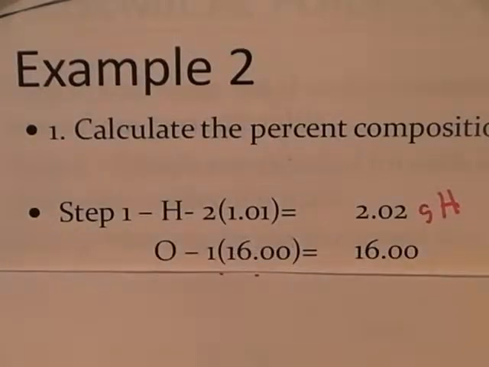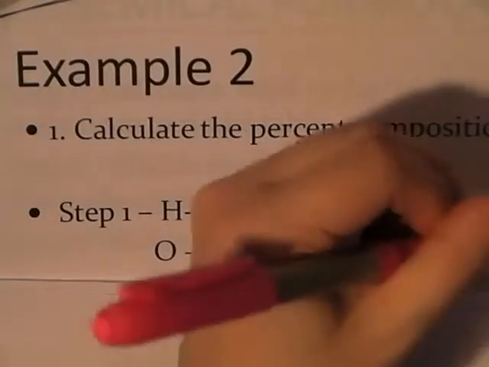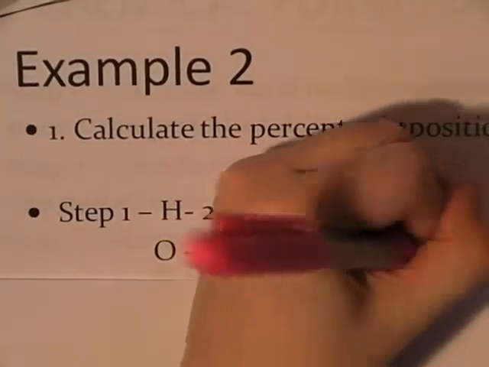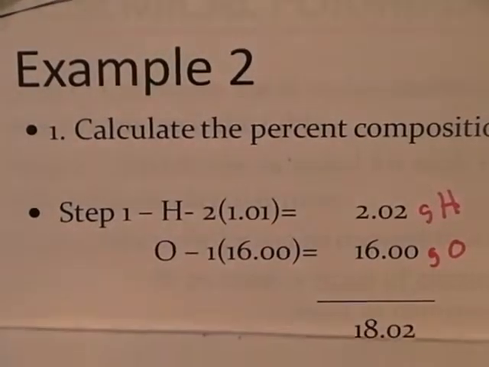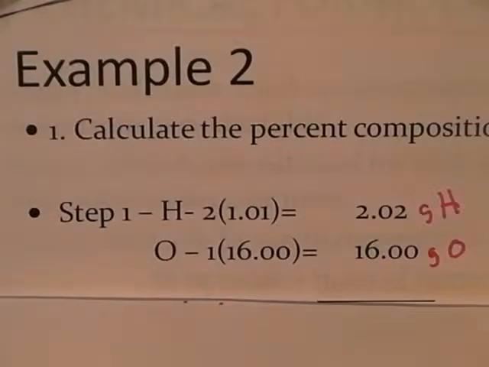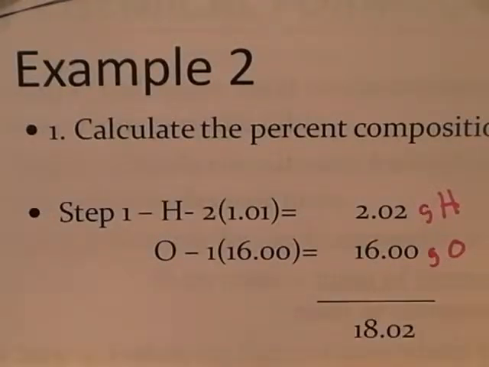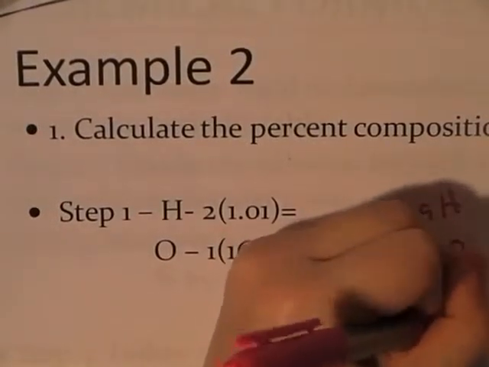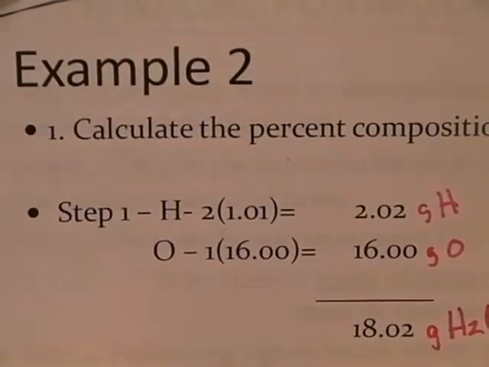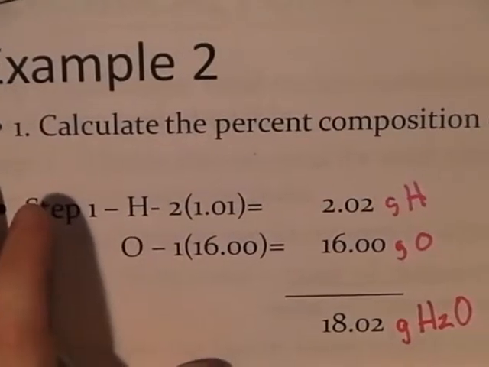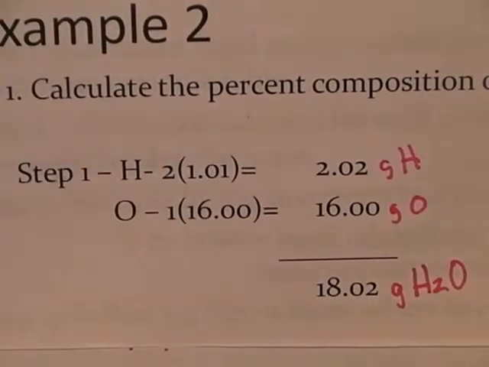Oxygen, we know we only have one, and that is 16. So 1 times 16, we know it's just 16.00 grams of oxygen. And then obviously we're calculating the whole molar mass. So add those up, you get 18.02 grams of H2O. All right, so that's your math for step 1.